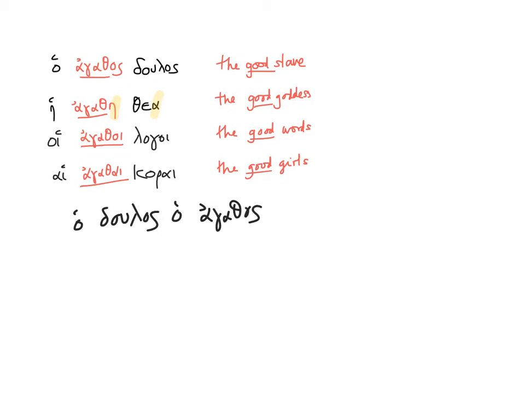If we translate this expression into English, literally it gives us the slave, the good, which clearly doesn't make much sense. In fact, though, this expression means exactly the same as ho agathos doulos above. It's an alternative way of expressing an adjective and a noun.